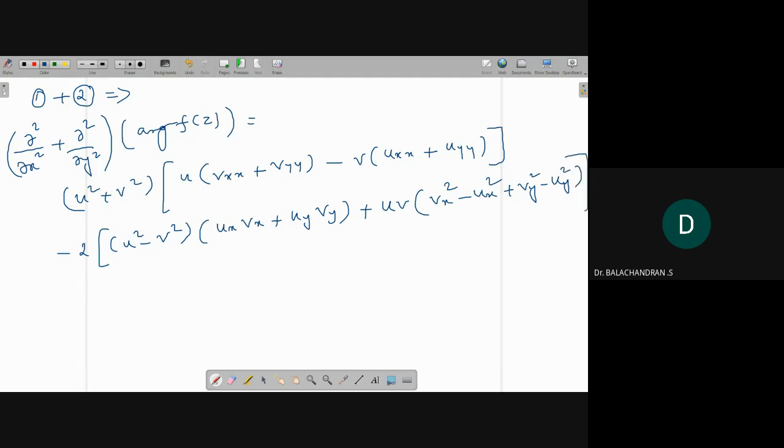Close the bracket and then close the square bracket. So this is 0, this is 0.